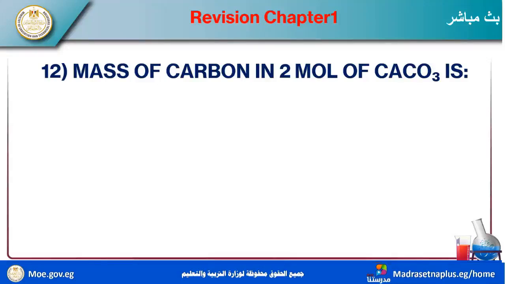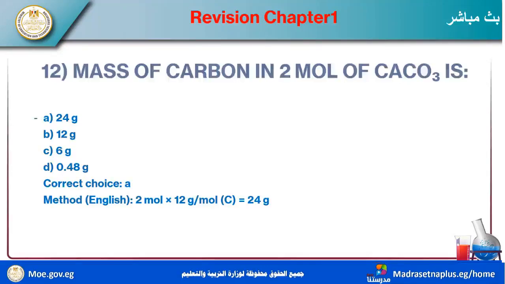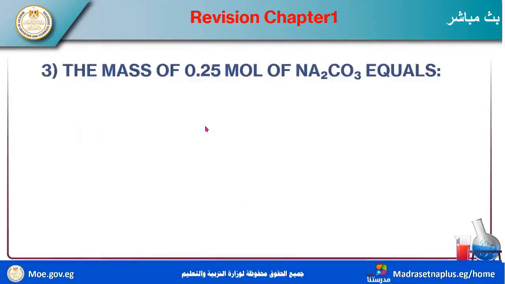These tables have the molar mass of each element, and you must use these numbers to calculate the molar mass of anything you want. Now we have many choices: 24, 12, 6, 0.48. We have 2 moles times 12 equals 24, so the correct answer is A.